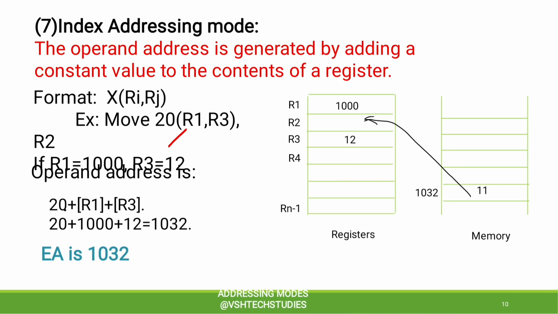R1 is having 1000, R3 is having 12, both are added. So 1012, and to this 20 is added. Then the final one is 1032, that is the effective address. Whatever is in memory location 1032 is transferred to R2 because in the instruction R2 is the destination.